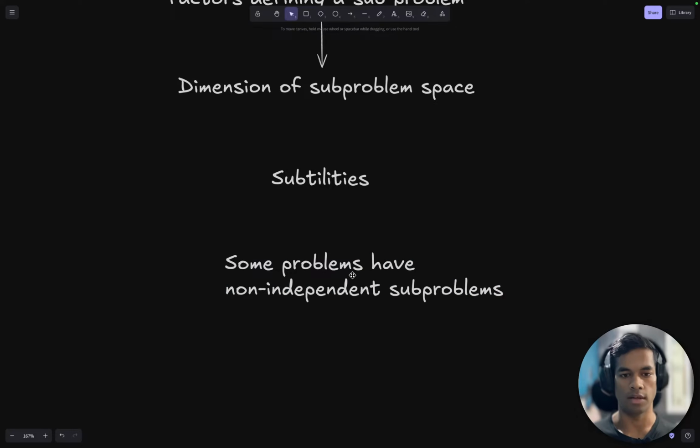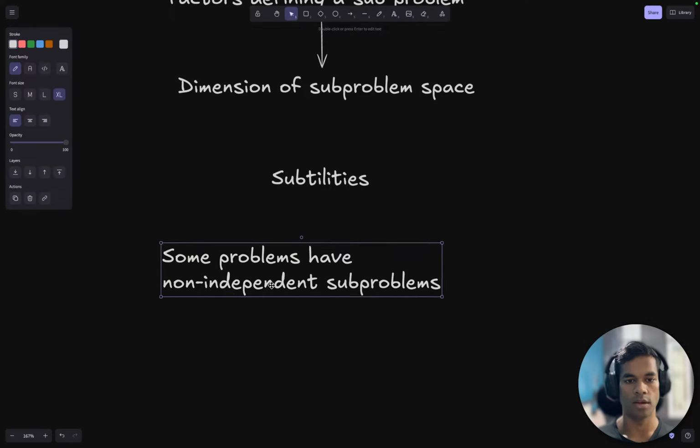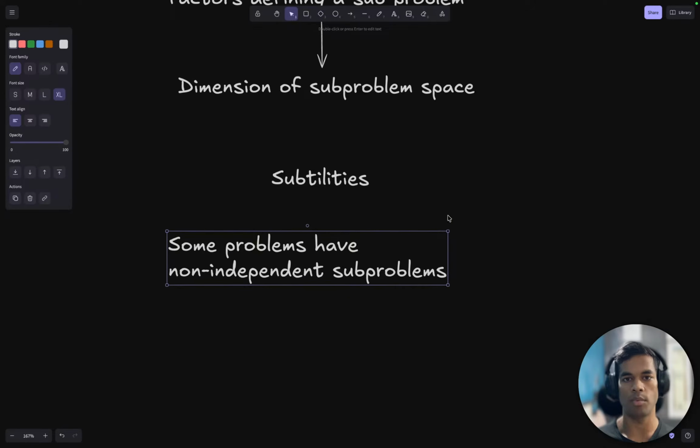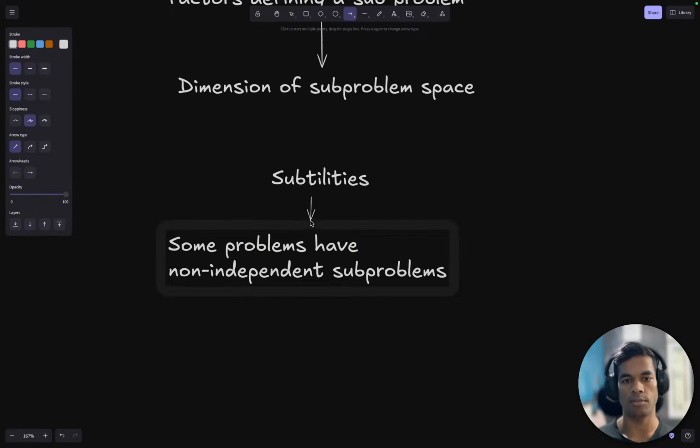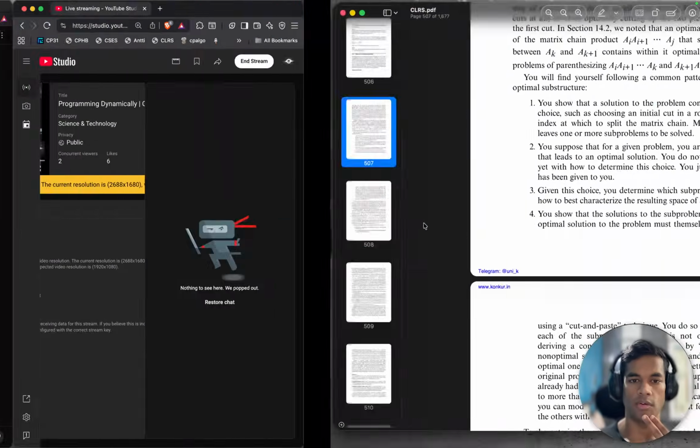Yeah, that is true. Some problems have non-independent subproblems, and that is one of the subtleties. There was one more thing in that.